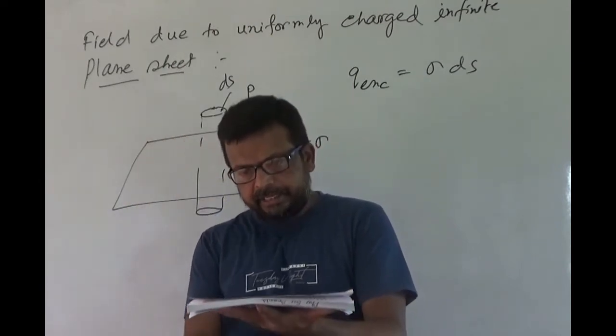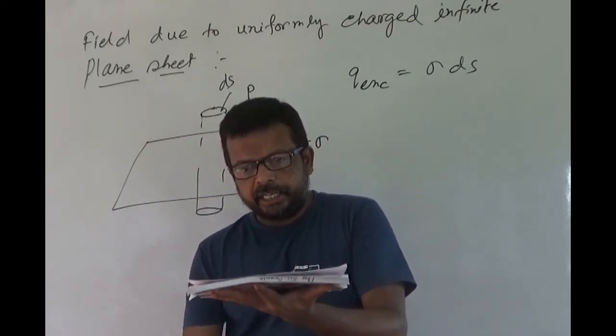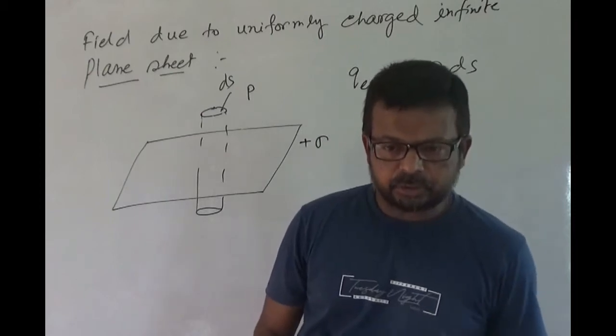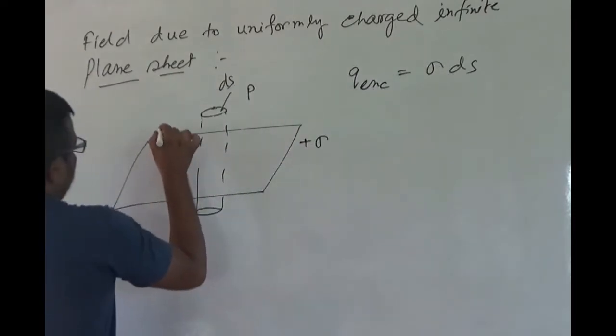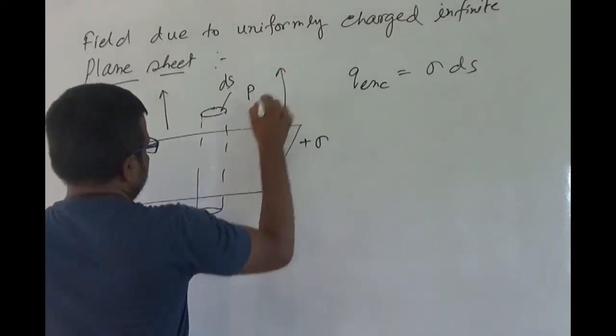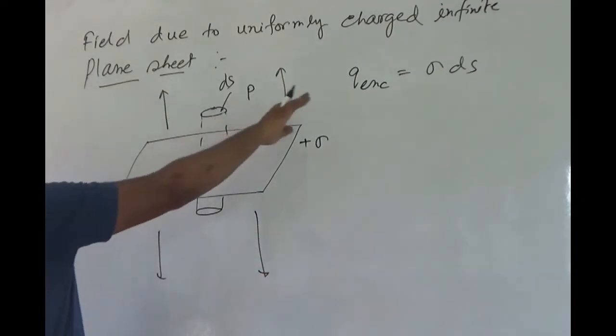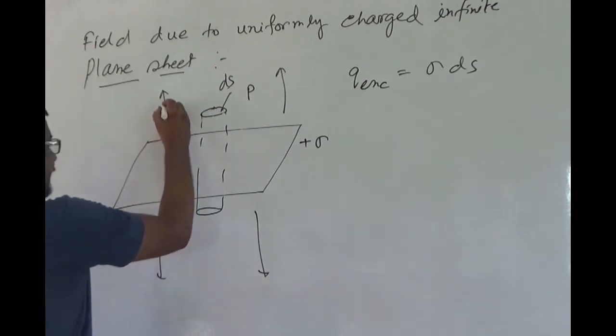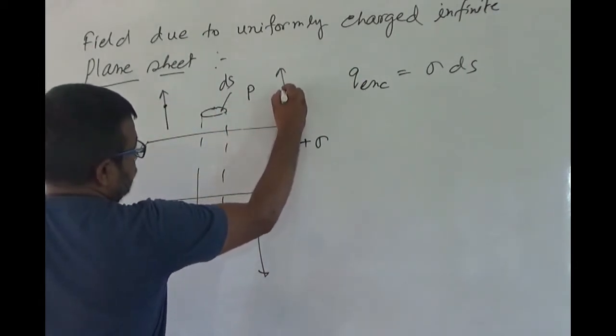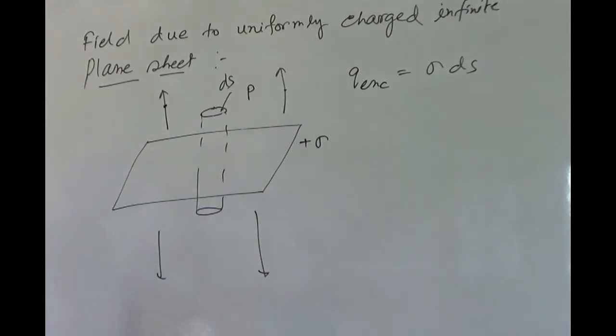Clear? Similarly, below, perpendicularly away from the sheet. So the field lines are like this. And since this is infinite, the field at this point will be equal to the field at this point. This is the symmetry of the problem.